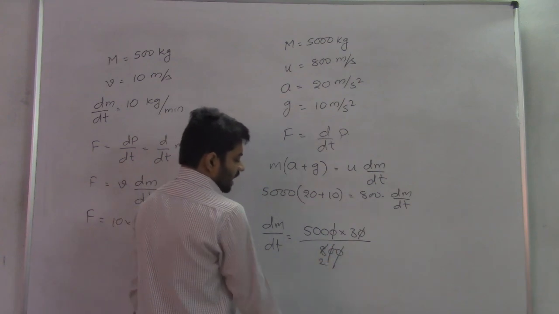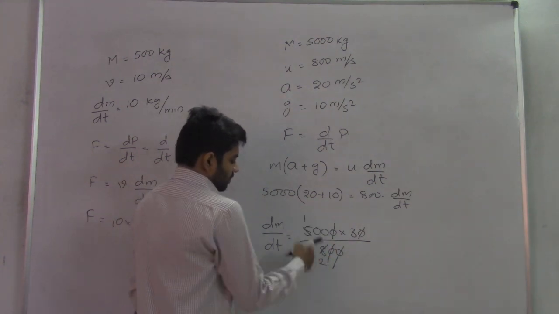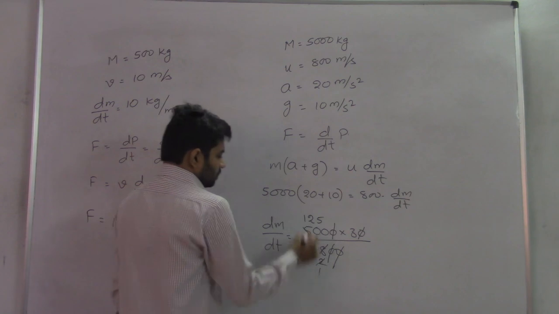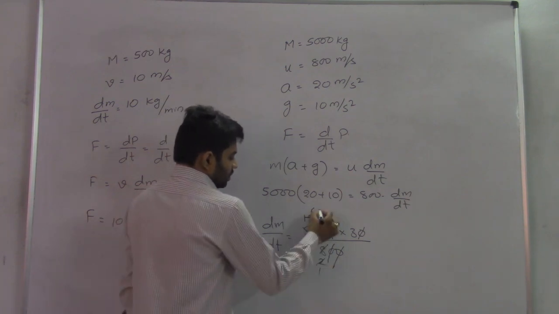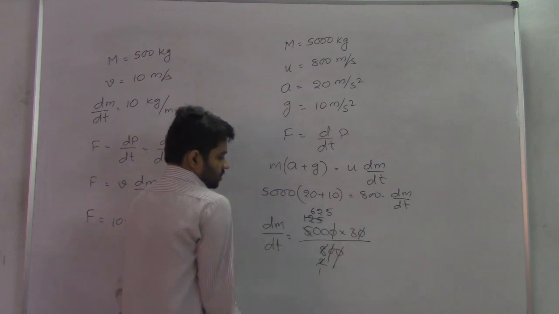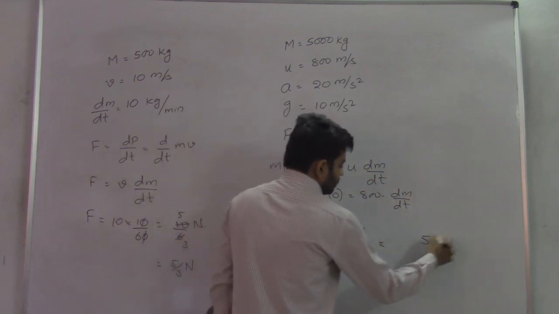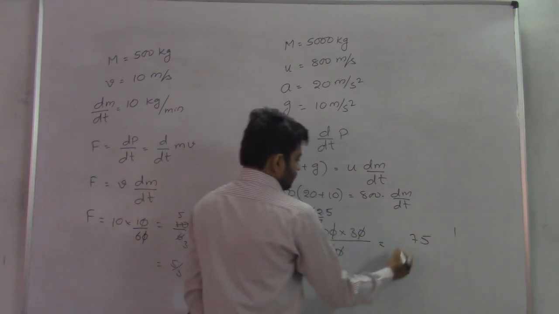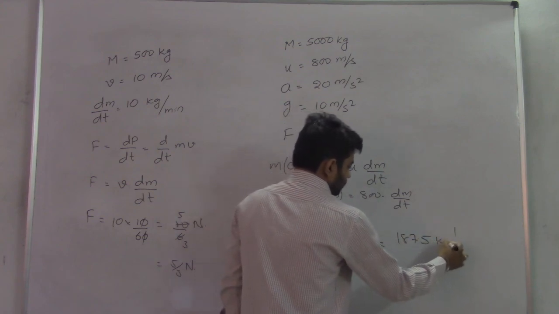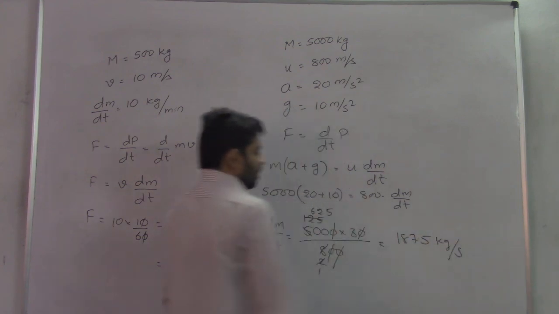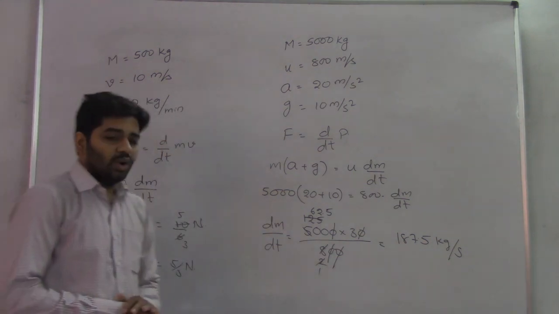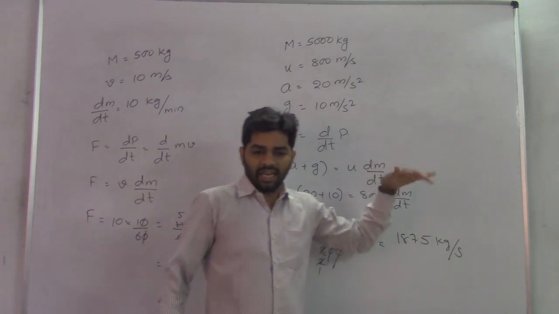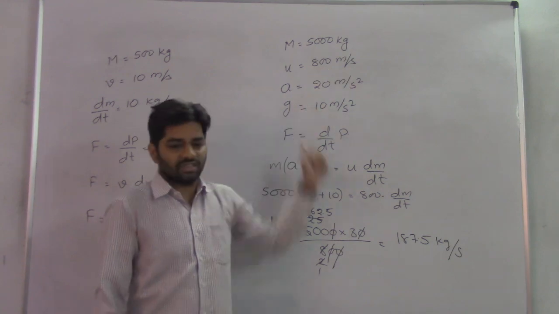Next, simplifying, we get 187.5 kilogram per second. So this many kilograms in 1 second, the gas should be ejected out, then the rocket will go upward with this acceleration. Here, so check it out.